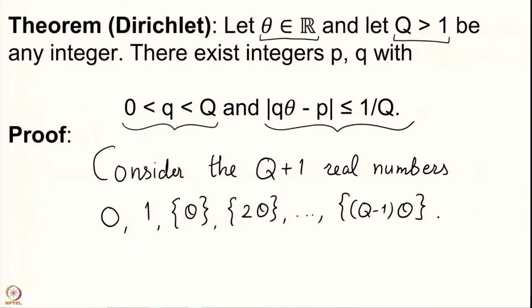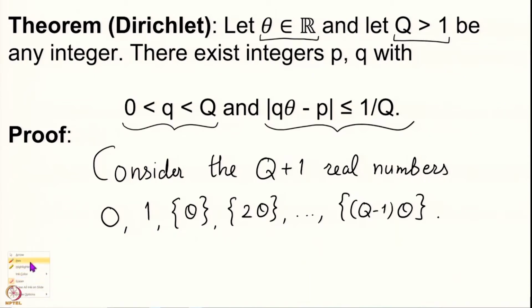Notice that these are indeed Q plus 1 real numbers. Here we have first multiple of theta, second multiple of theta until Q minus 1th multiple of theta. So, these are Q minus 1 numbers and we have 0 and 1. So, once we add these we get Q plus 1 numbers in all.